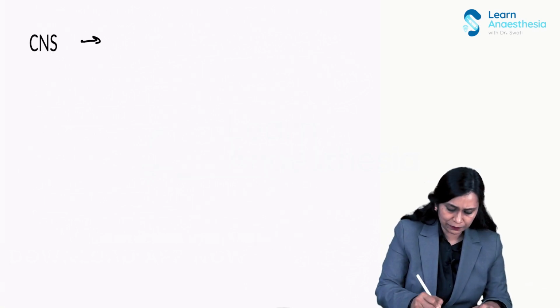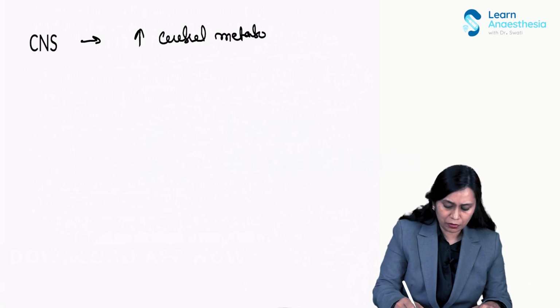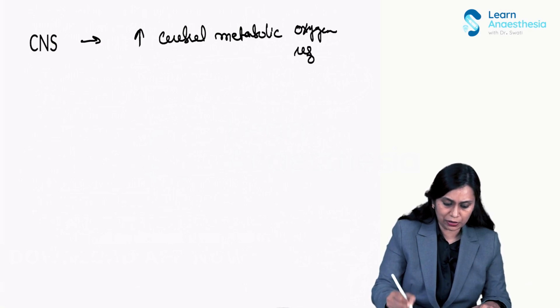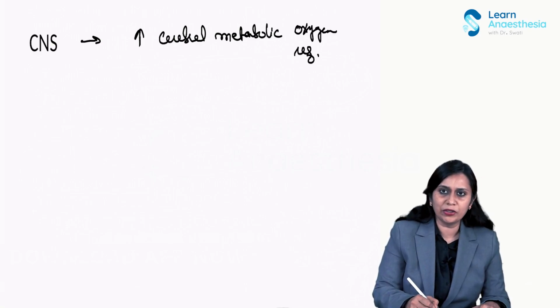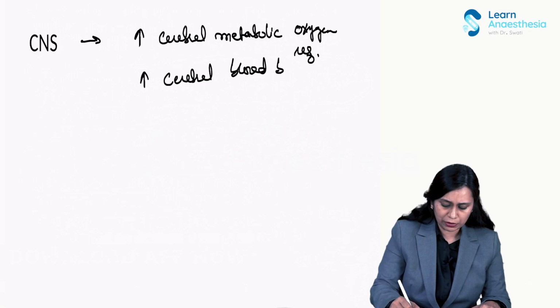On CNS, it increases cerebral metabolic oxygen requirement, okay. So whenever cerebral metabolic oxygen requirement increases, cerebral blood flow would increase. Then it increases intracranial pressure.